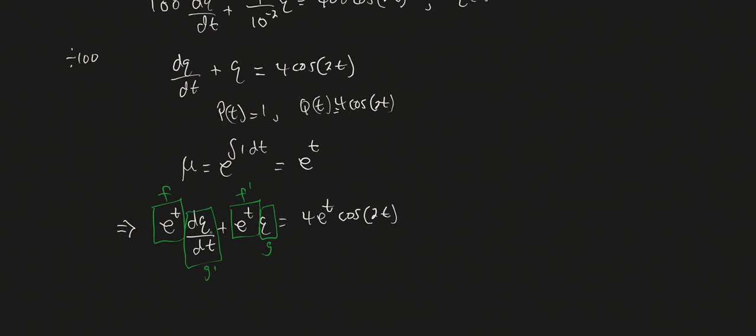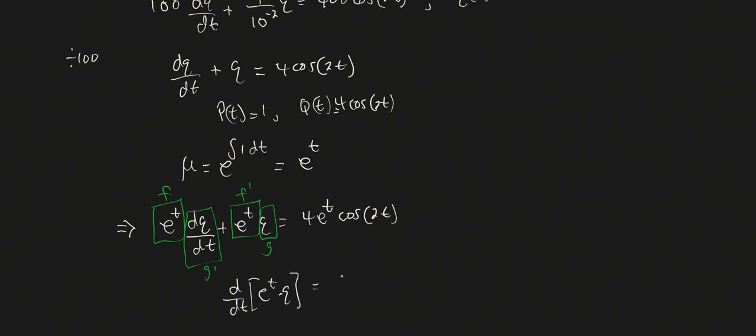I think it's such a useful thing because if you don't see that pattern, then it means something was done in error previously, whether it's identifying p or integrating and finding your integrating factor. So I always recommend doing that, right? So the left-hand side becomes the derivative of e to the t times our unknown charge function.